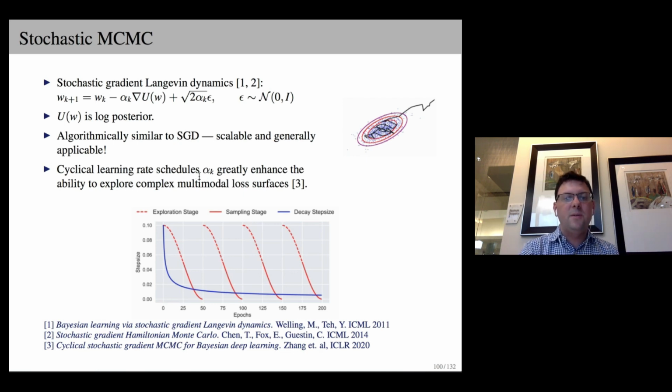It's recently been found that a cyclical learning rate schedule can greatly enhance the ability of the stochastic MCMC procedure to explore complex multimodal loss surfaces and achieve much better practical performance. So here we increase the learning rate and we're exploring, and then we decrease and we explore within a mode and use those samples.